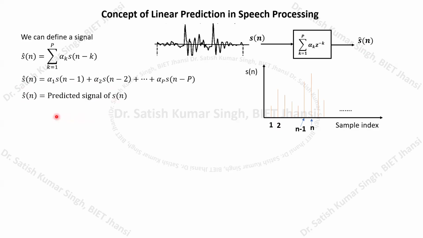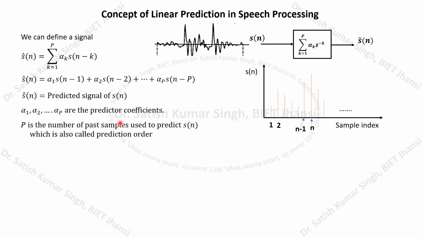These alpha 1, alpha 2 are called the predictor coefficients, rather than digital filter coefficients. So alpha 1, alpha 2 and alpha p are the predictor coefficients.